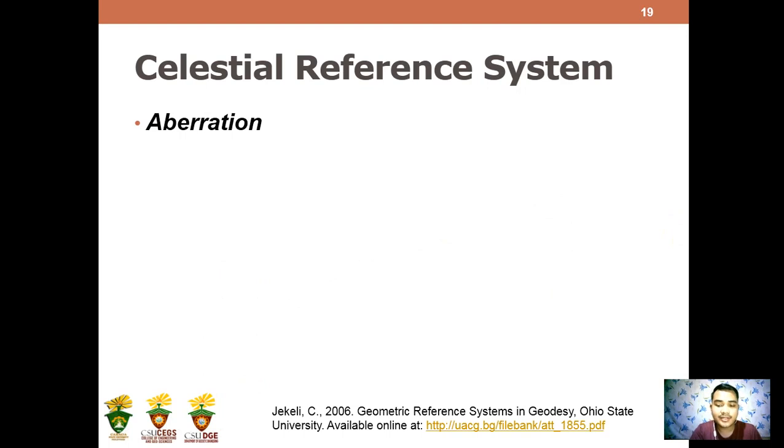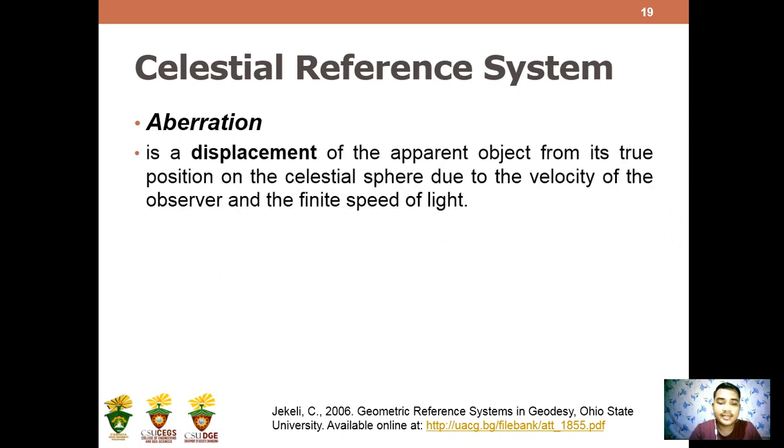Next is the aberration. So when we say aberration, it is the displacement of the apparent object from its true position on the celestial sphere due to the velocity of the observer. So this time the part is with respect to the observer, due to its velocity.